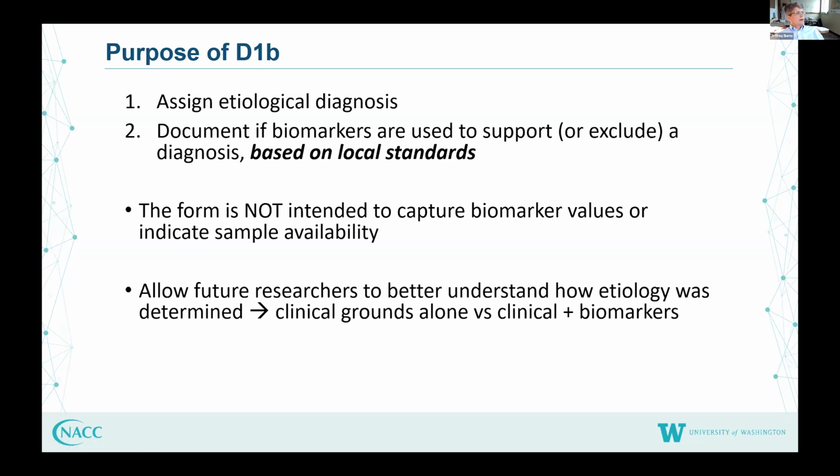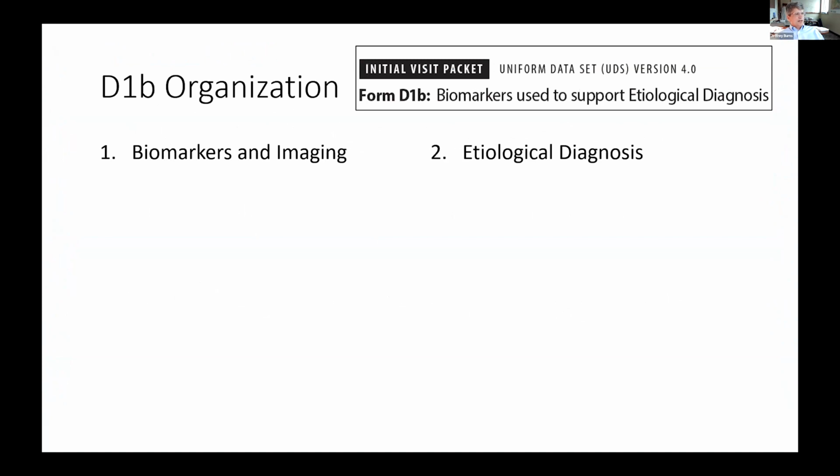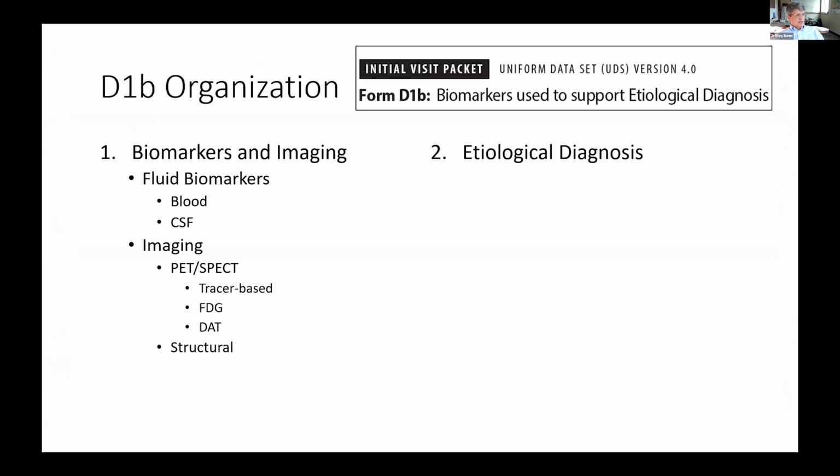So how is D1b organized? It's basically organized first as biomarkers and imaging, documenting when that information was used, and then an etiological diagnosis is assigned. So two sections: biomarkers and imaging, followed by the etiological diagnosis. How are we breaking up the biomarkers and imaging? First, we're looking at what fluid biomarkers were used, blood or CSF. Was imaging done and used in the assessment of an etiology?